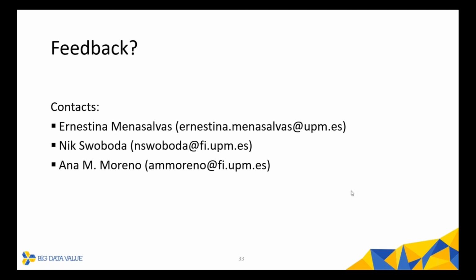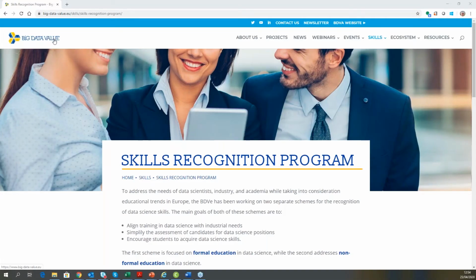In the meantime, let me show my screen again, just to remind you where to go in our BDVE website to see the information about the skill recognition system. Go to bigdatavalue.au, and then you can click on the skills area and go to the skill recognition program, and you will find all the information that Nick was talking about before.